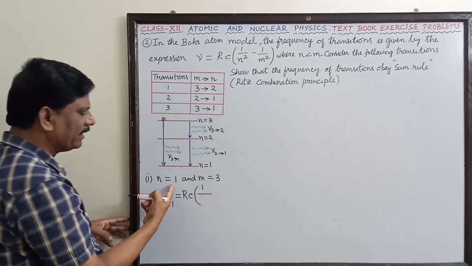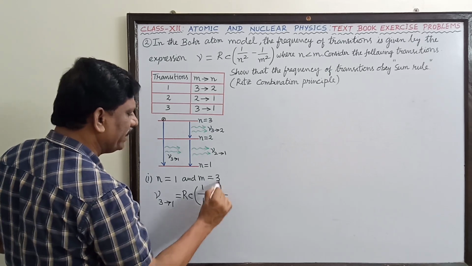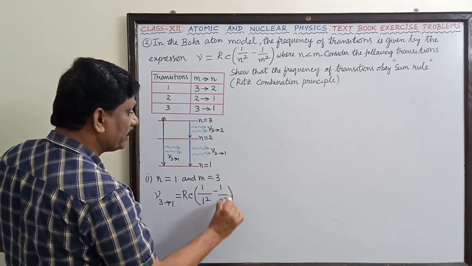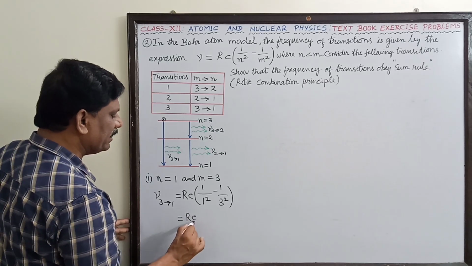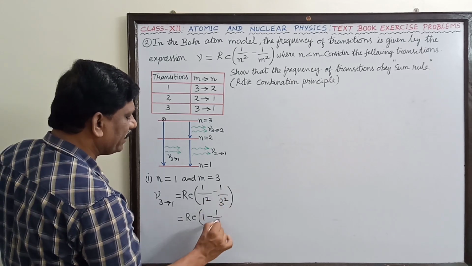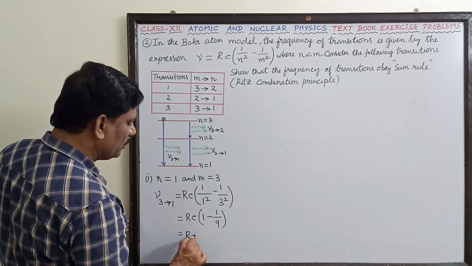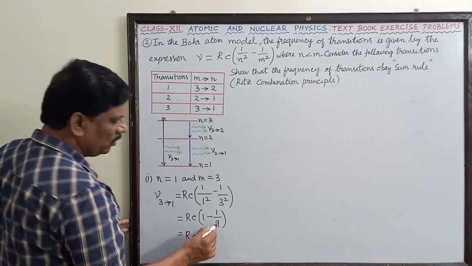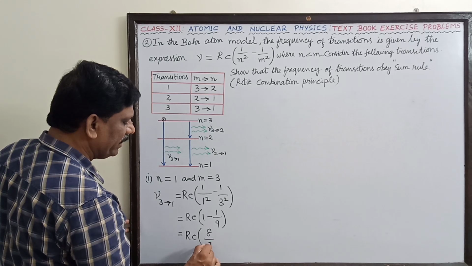So 1 by n square is 1 square. 1 by 1 square minus 1 by 3 square. This is now equal to R into c into 1 minus 1 by 9. So this is equal to R into c into 9 minus 1 is 8, so this is 8 by 9.